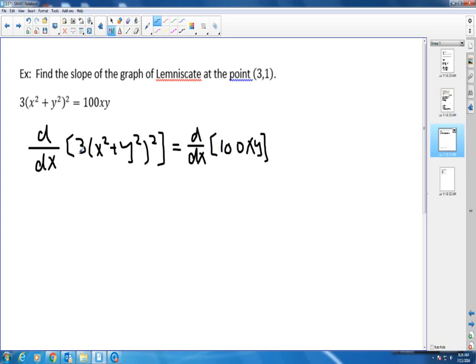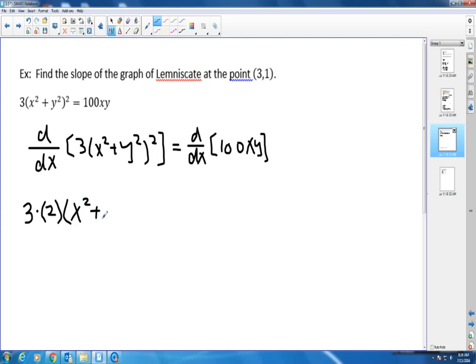Okay, so I can put this constant out to the front. So this is going to be 3 times the derivative of the outside. I've got to use the chain rule here. Derivative of the outside of the inside.